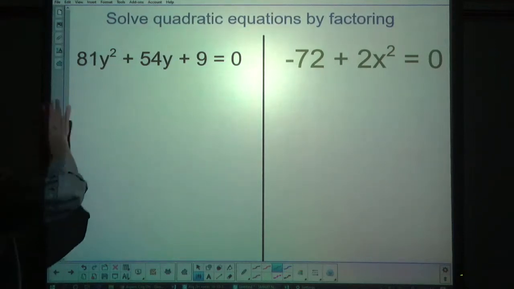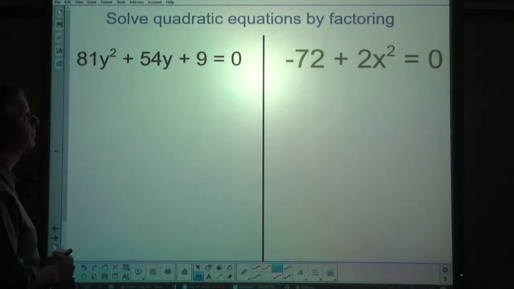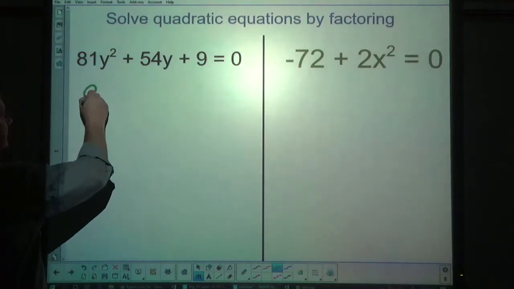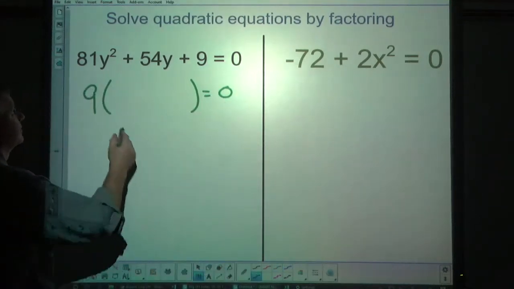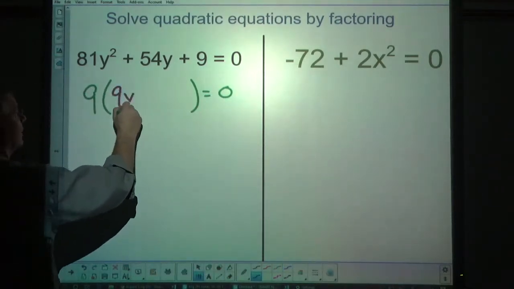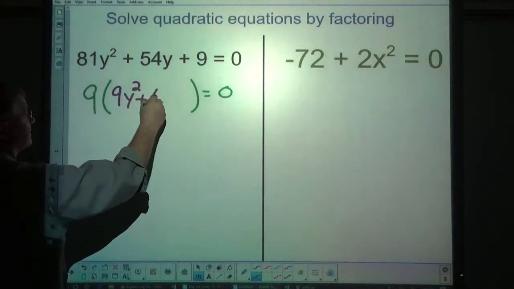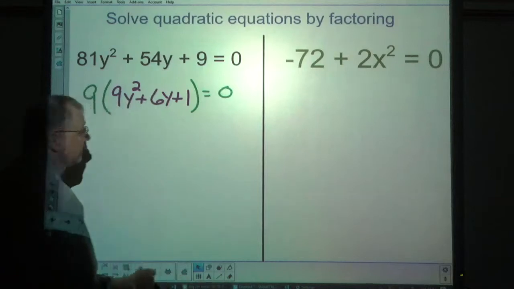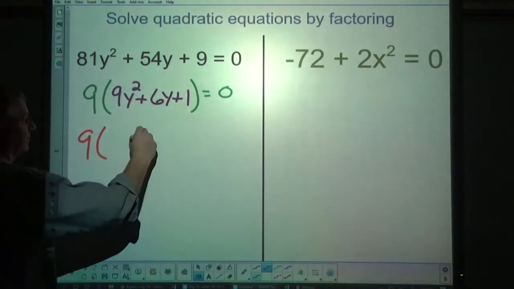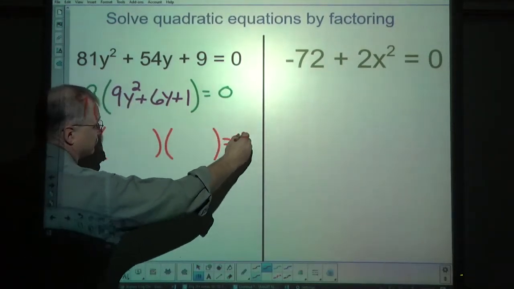This one on the left is already in descending order, but I can factor out something that they have in common, in this case, a 9. So I'm going to factor that out, giving me 9y squared plus 6y plus 1. And then that 9 is still there, and I have to factor into 2 parentheses.